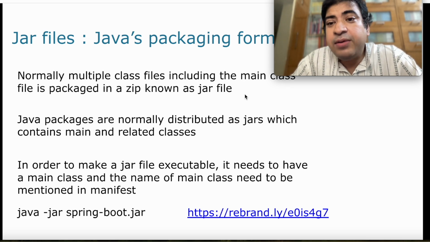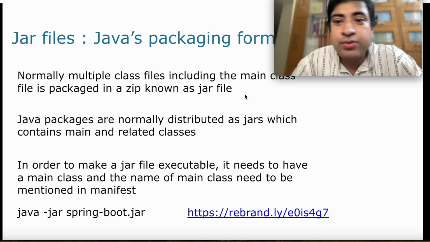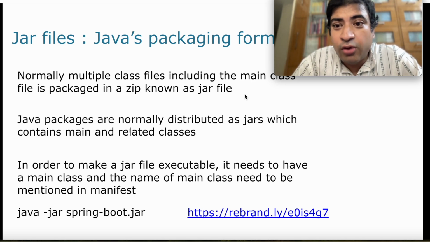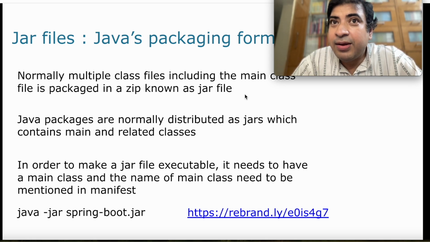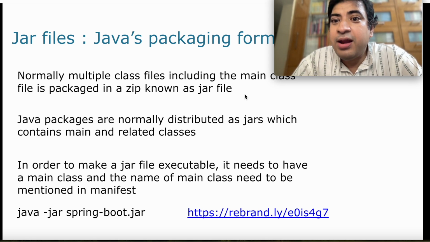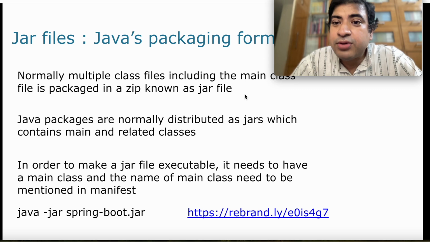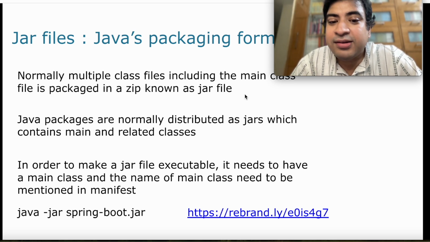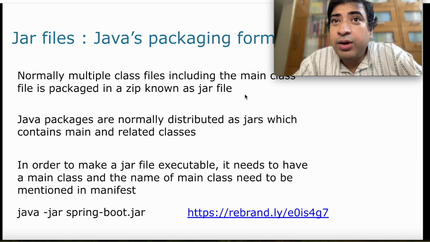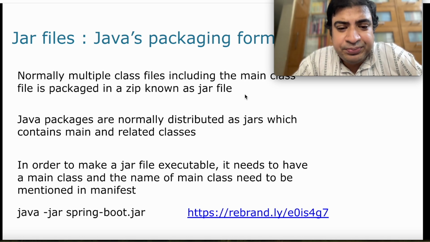Whenever we want to distribute our Java project to other persons, what we normally provide is a jar file. A jar is basically a zip kind of file which contains a lot of related classes which we can distribute to another person who can reuse our classes. So whenever we are downloading from Maven repositories, we are actually downloading jar files.